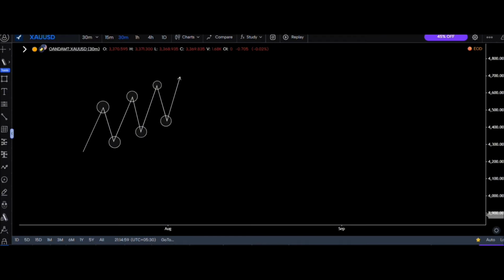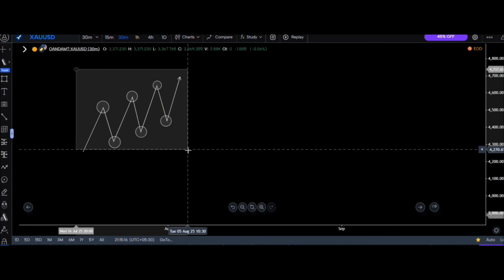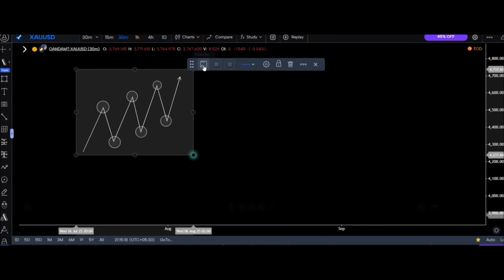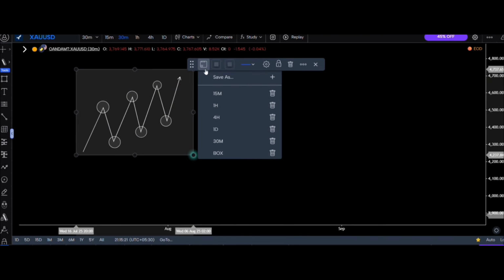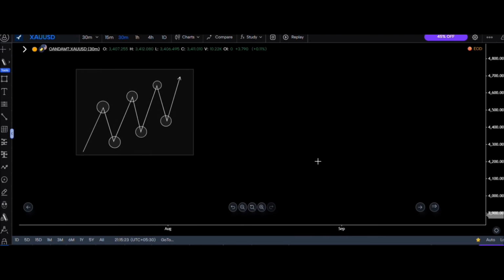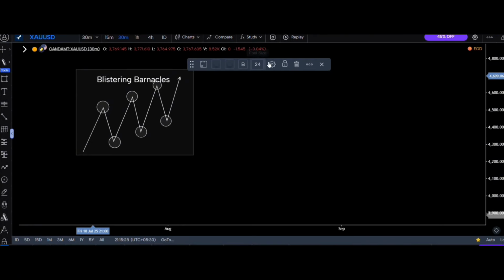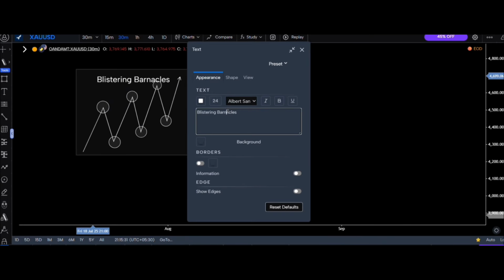So this is our uptrend. We can also call this a bullish market. Let me write down uptrend.